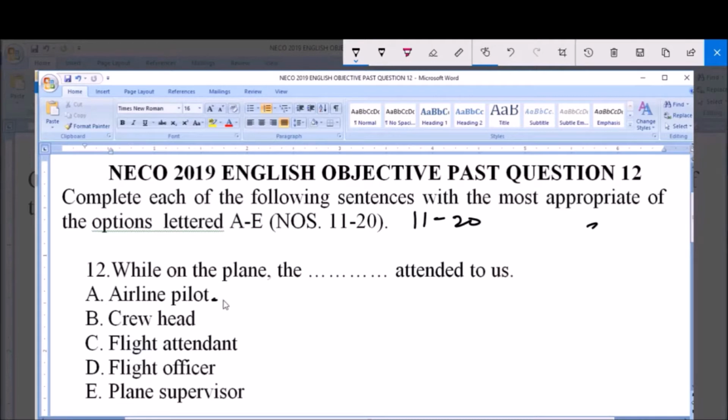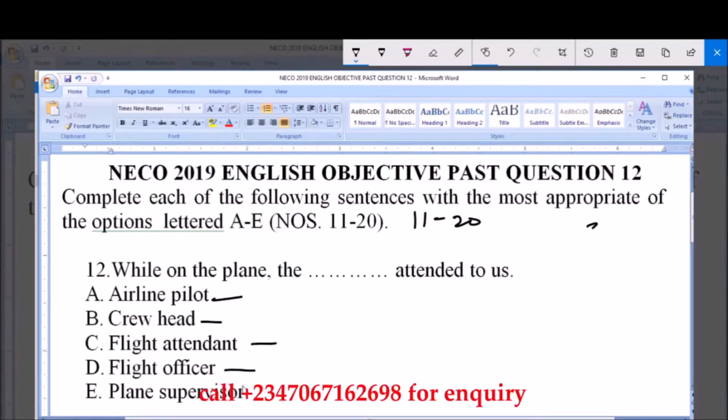A, airline pilot. B, crew head. C, flight attendant. D, flight officer. E, plane supervisor.